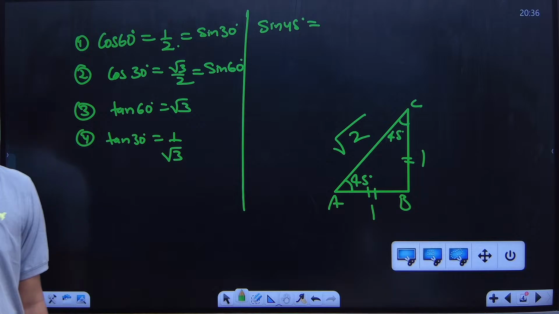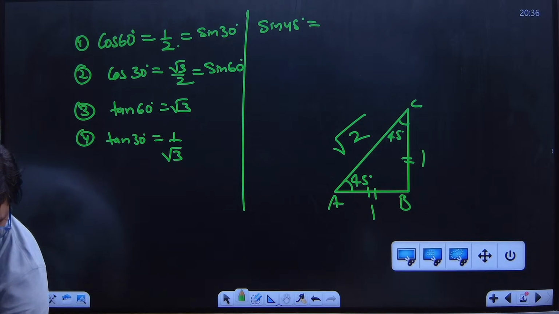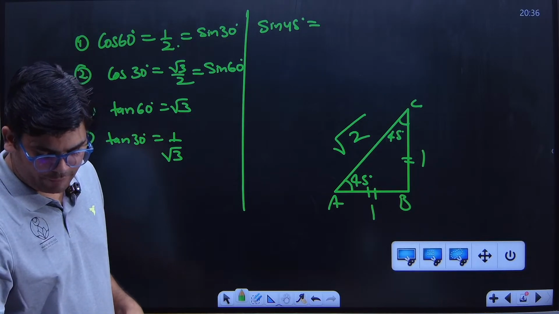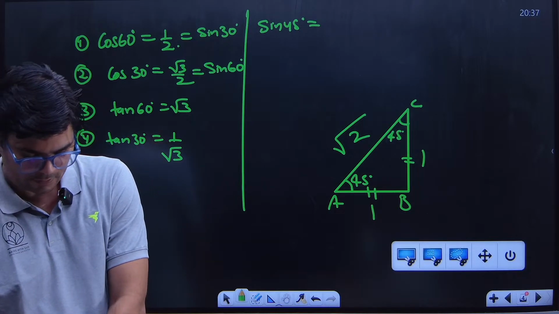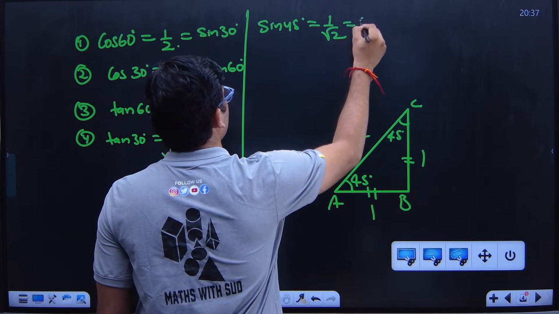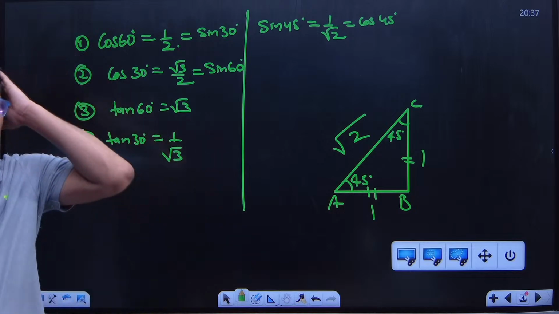Sine of 45 is 1 by root 2. Wonderful. Very good. Can you tell me what will be cos of 45? That will also be 1 by root 2 only, because sine of 45 is equal to cos of 45.